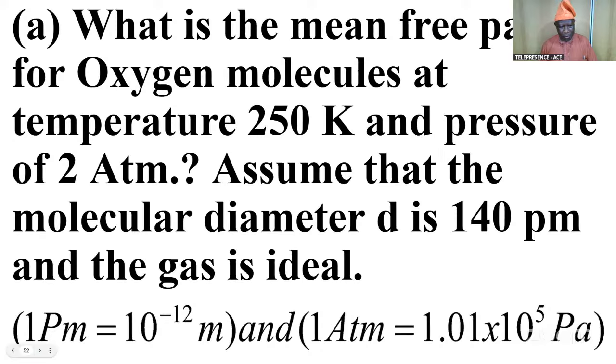The value 1 picometer is the same thing as 10 to the power minus 12 of a meter. You have to consider that before you make your substitution. And 1 atmosphere is 1.01 times 10 to the power 5 Pascal, or sometimes Newton per meter square. It's the same thing. But you need that conversion and substitution before you can solve the problem.